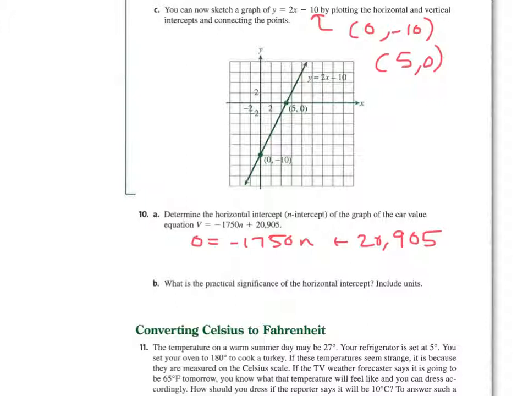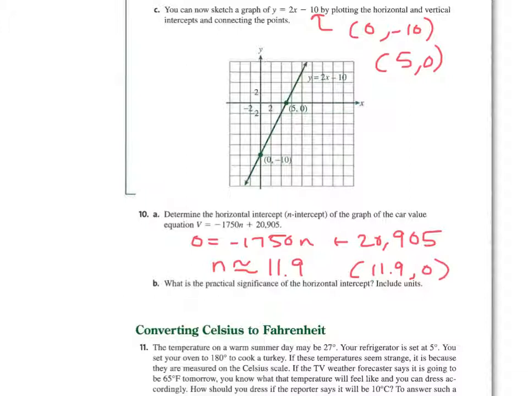It doesn't come out whole, but I'm going to end up getting n is about, when you round it, 11.9. So what does that mean? This would be the point 11.9 comma 0. That's where it's going to cross the x-axis.